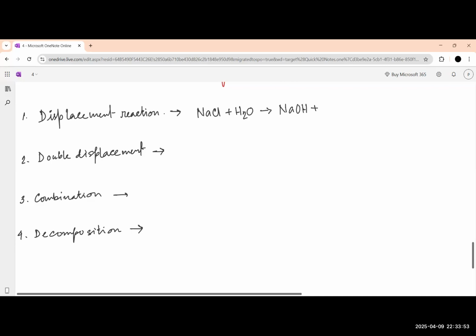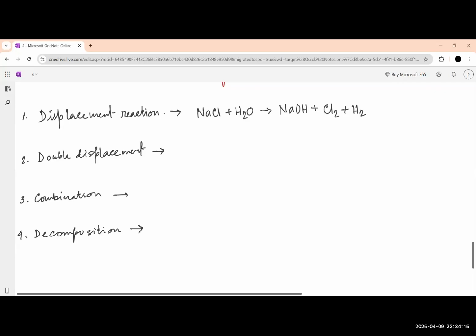And as byproduct, we get Cl2 and H2 individually. Okay. Next, double displacement reaction.